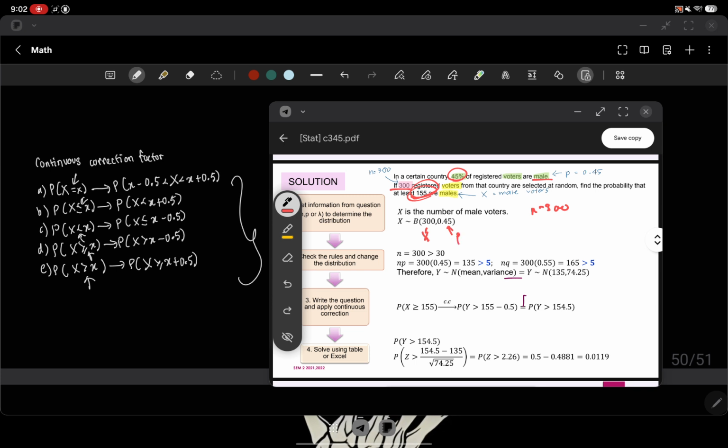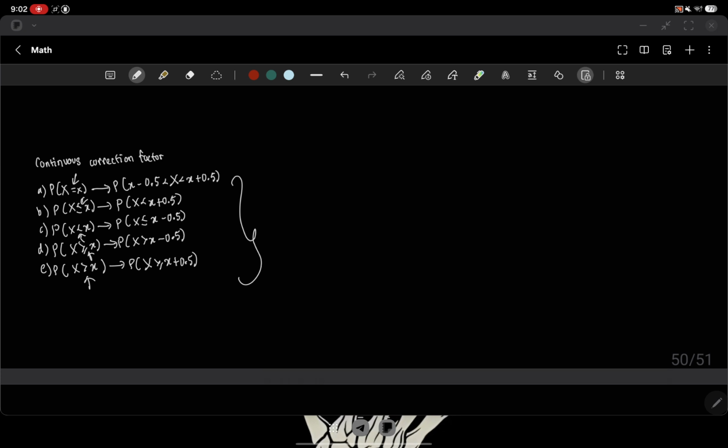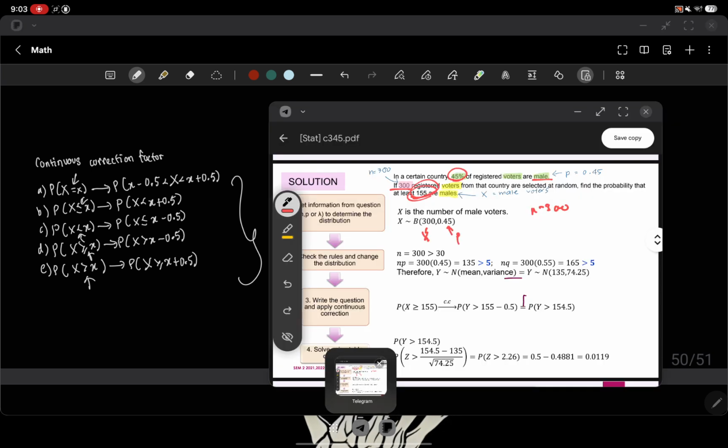Another thing is the rule is set that n should be more than or equivalent to 30, np should be more than or equivalent to 5, and nq is the same, where lambda should be more than 10. Okay, now in this case we check that n is more than 30 and np is more than 5, nq is also more than 5.